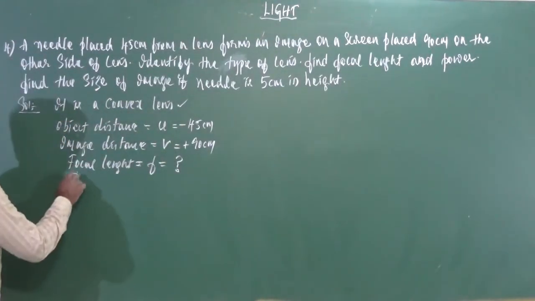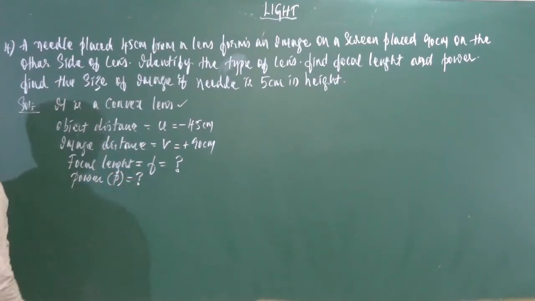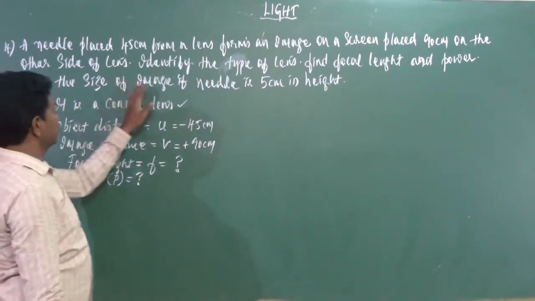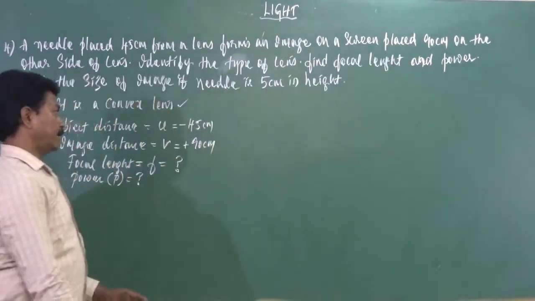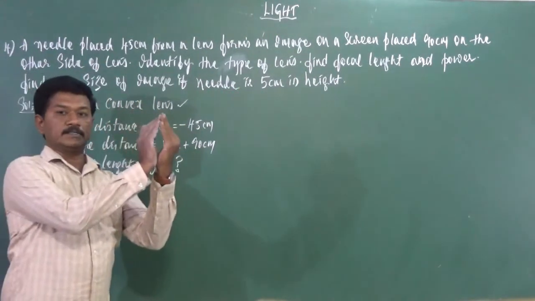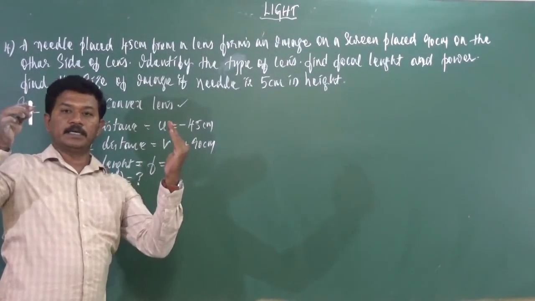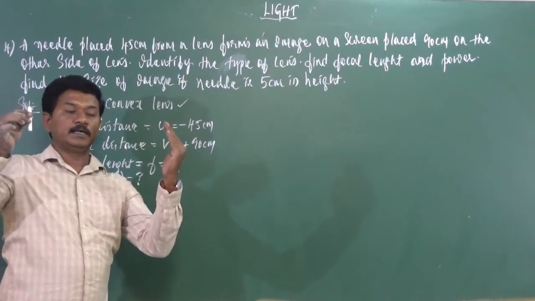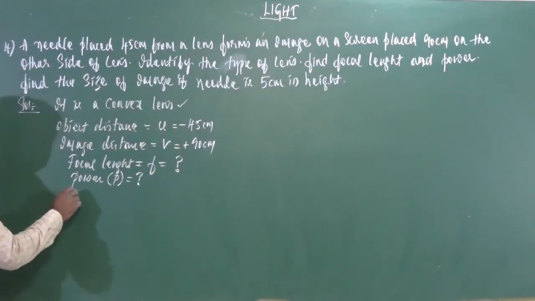So power P is equal to how much? And find the size of the image if the needle is 5 centimeters in height. So this is the convex lens. The object is 5 centimeters in height, that is, the needle is 5 centimeters in height. Then find out the size of the image. So object height.